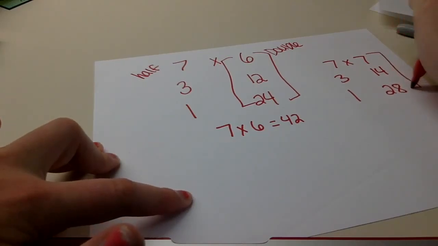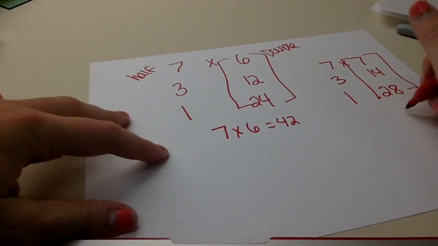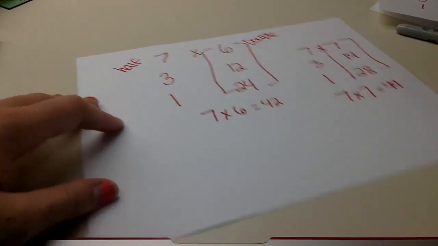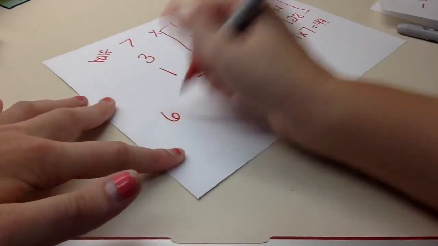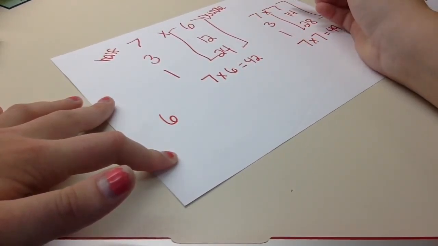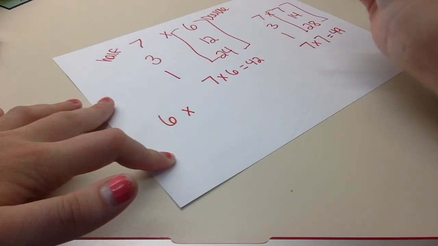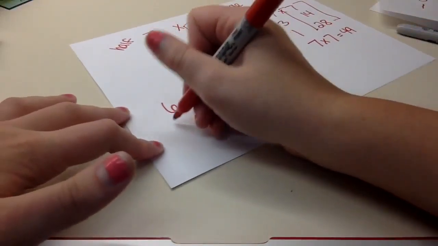So we're going to add up 28 plus 14 plus 7 gives us 49. 7 times 7 equals 49. We can do two even numbers. So two of the same odd numbers, an odd and an even. 6 times 4. So an even and an even.